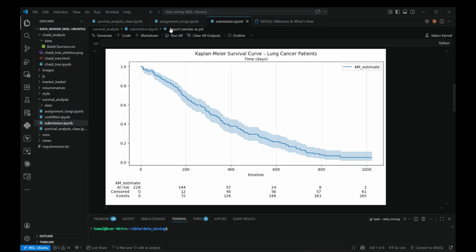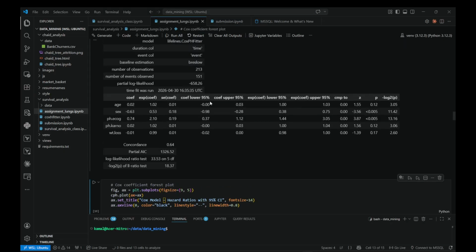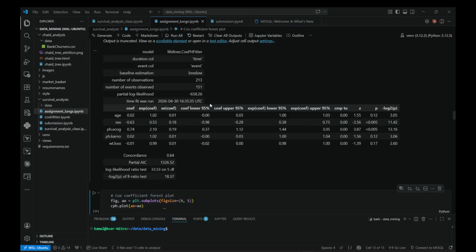The second method is the Cox proportional hazard model. While Kaplan-Meier just shows us the overall picture of survival, the Cox model goes further, and it lets us study how specific variables like age, sex, or health status affect a patient's risk of dying.